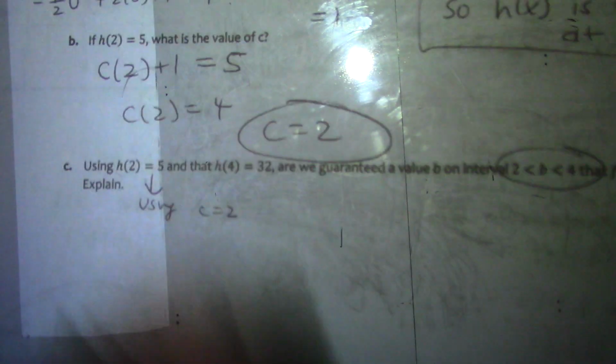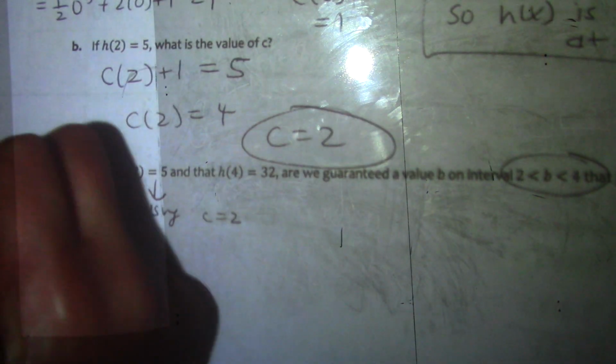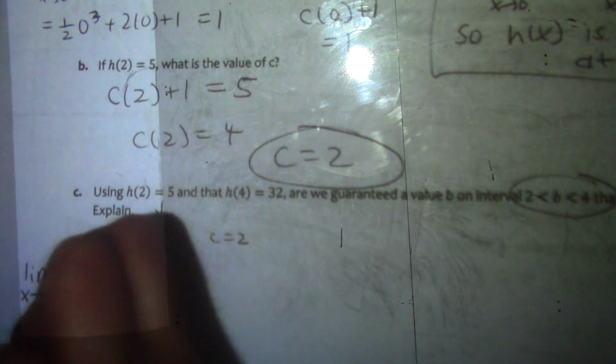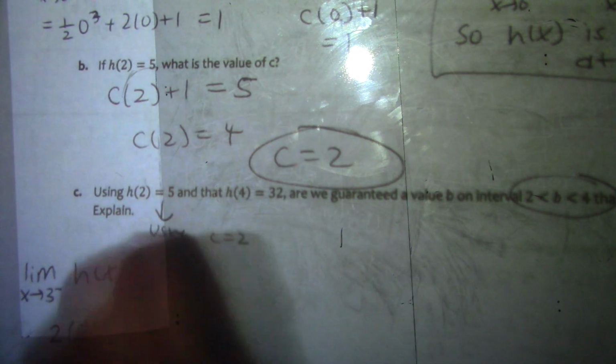We actually haven't shown that this is continuous right here. So we first need to check, is it continuous at x equals 3? So I'm going to find the limit as x approaches 3 from the left of h of x. We're using c equals 2 because I'm using this value above. So this would be 2 times 3 plus 1, which is 7.